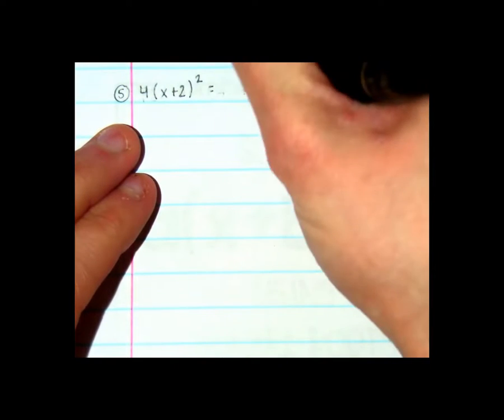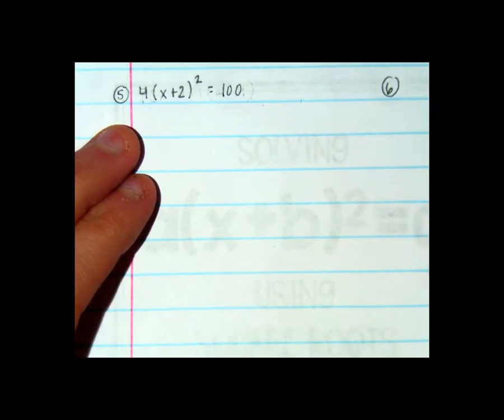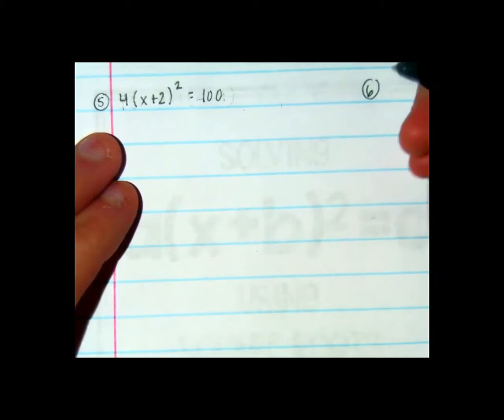4 parentheses x plus 2 squared equals 100. Number 6, 5 parentheses x plus 1 squared equals 20.